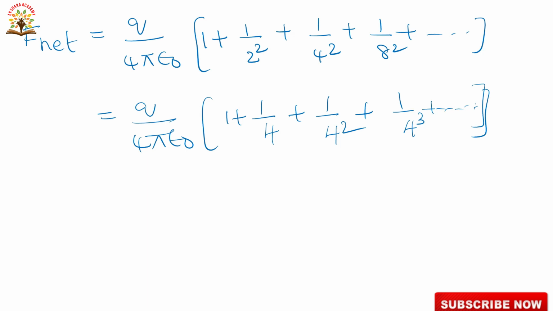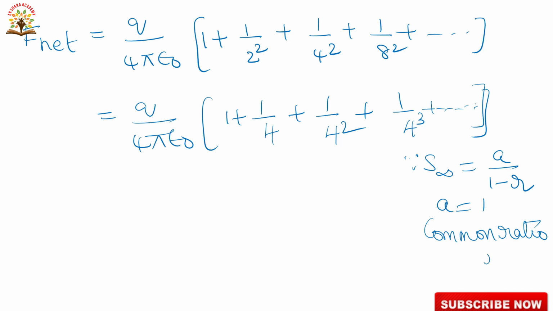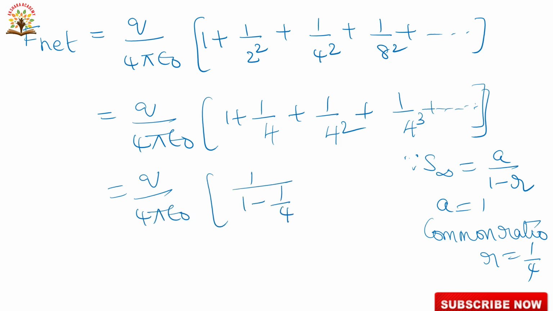So S infinity is equal to A by 1 minus R. Here A is equal to 1 and the common ratio R is equal to 1 by 4. Now we are applying this formula. Here we will get Q by 4 pi epsilon naught into 1 by 1 minus 1 by 4.